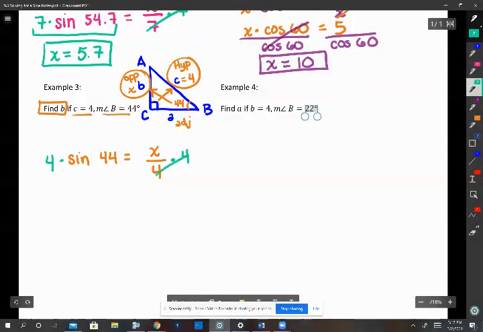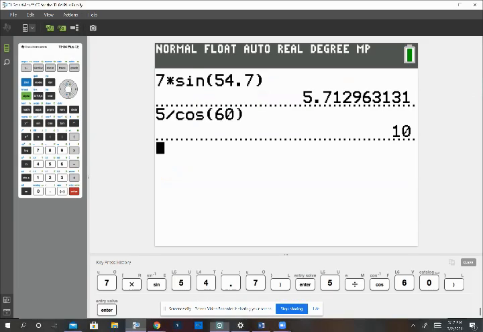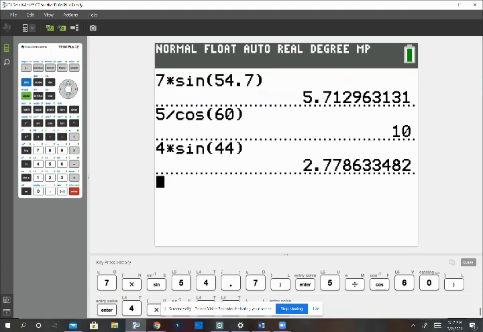This goes away. And then in our calculator, we're going to go 4 times sine of 44. Close our parentheses. And then we're looking at the hundredths place, which is a 7. And the 7 is going to bump the first 7 up to an 8. So our answer is going to be 2.8.